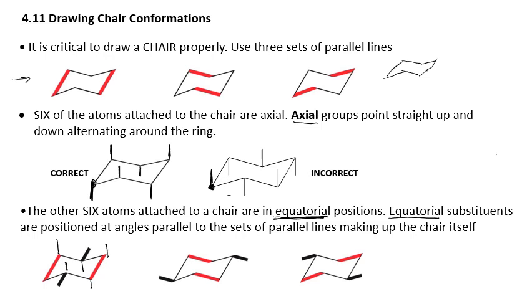If one of the substituents was axial, the other has to be equatorial. So we can just go around and draw our equatorial substituents. All right. So that's one method of doing this. This just takes practice.